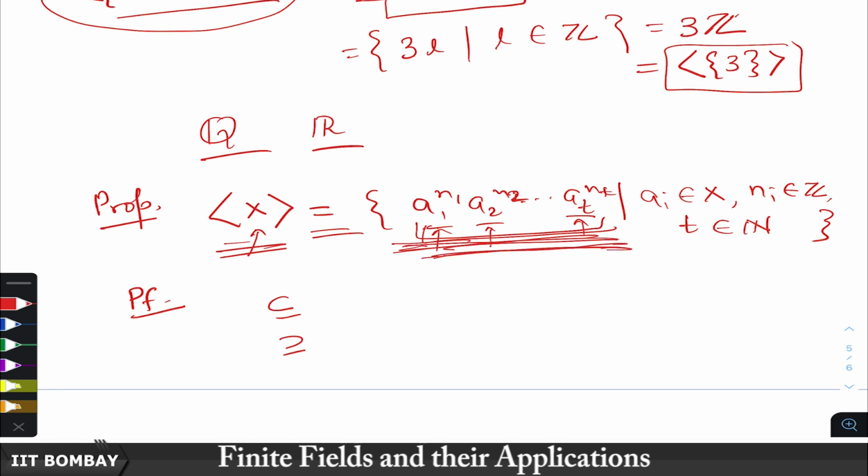And that this is a subgroup you can check again from our single condition to check if any subset is a subgroup or not.